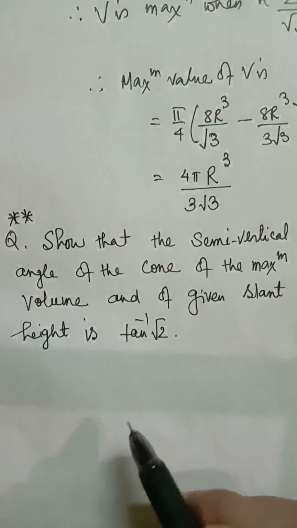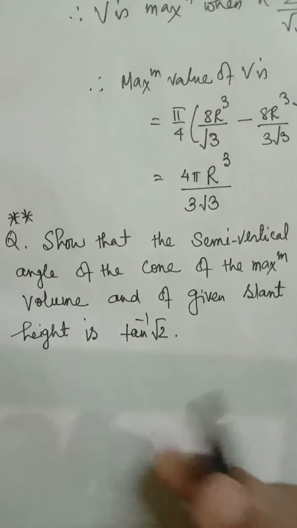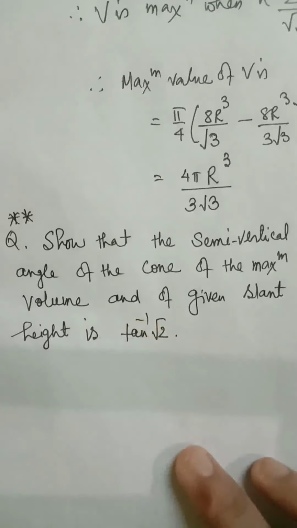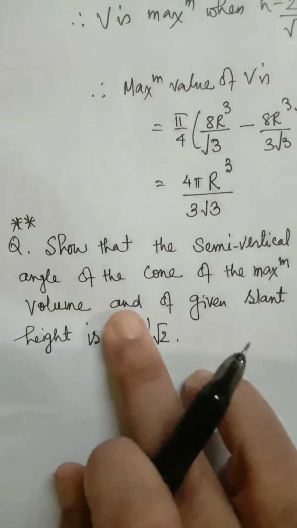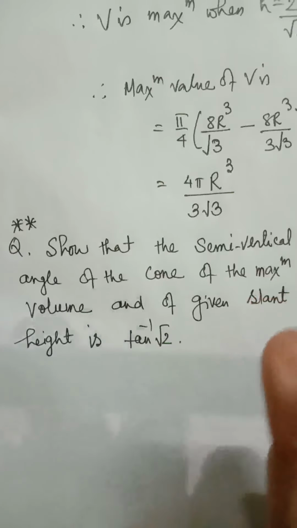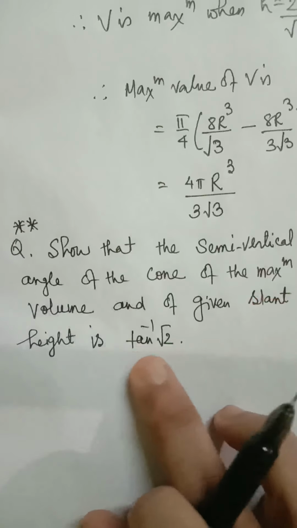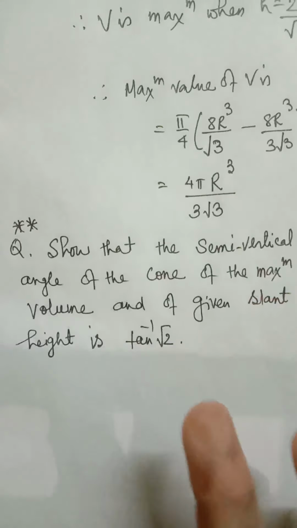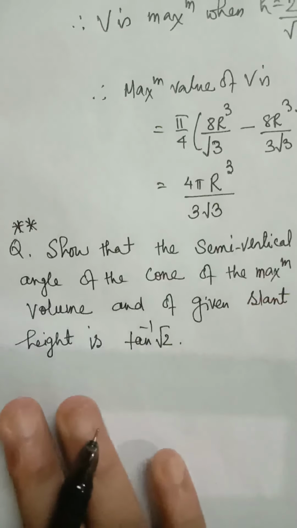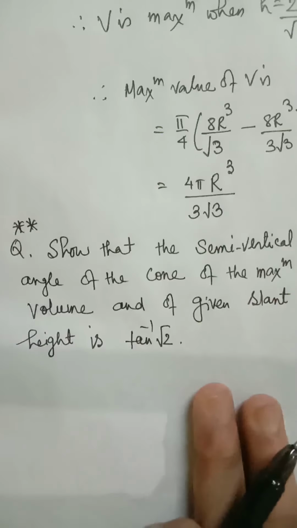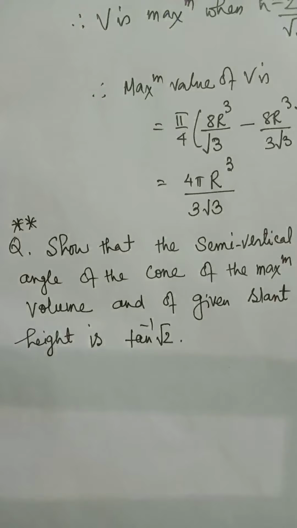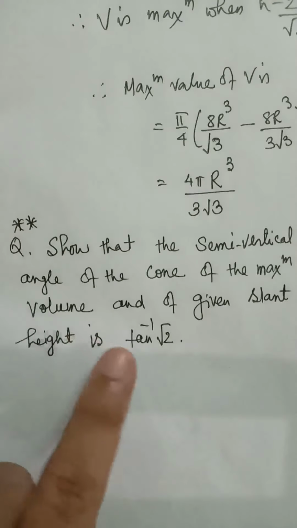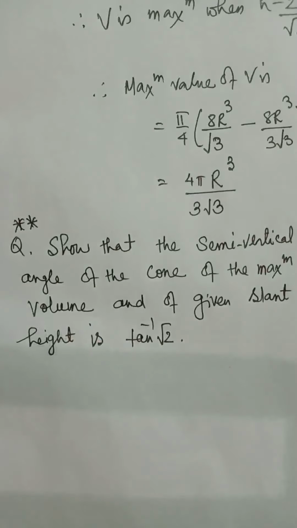If we draw different cones with slant height 10, then the cone whose volume is maximum, its semi-vertical angle will be tan inverse of root 2.